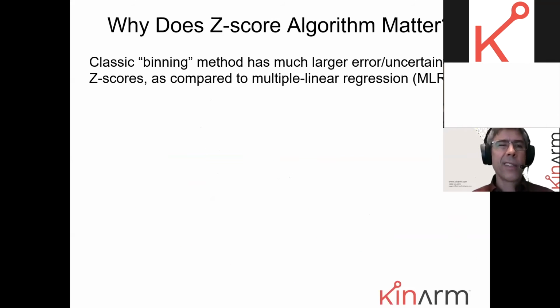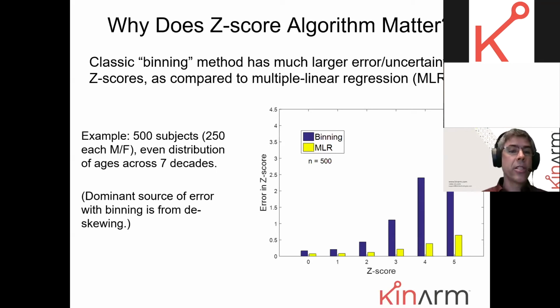Why does it matter? Well, because the algorithm you use can actually have significant impacts on accuracy of the Z-scores that you produce. And I'm going to provide a comparison to what I'm calling the classic binning method, because the classic binning method is one that has been used very often, particularly in the psychological literature, and that's where you bin things by age.